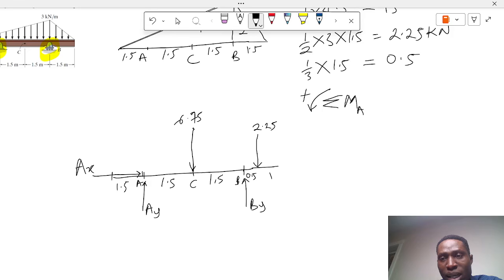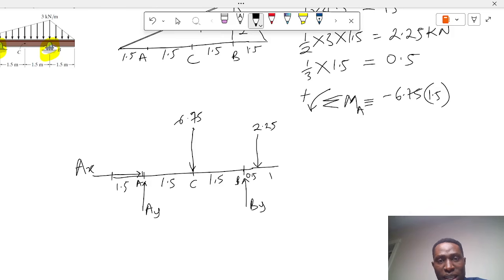So the sum of the moments is equivalent to taking the moment about point A, and in order to do that, we start from the first force right of A, which is 6.75, and if you want to take that moment, clockwise is negative, so it becomes minus 6.75 times the distance 1.5.